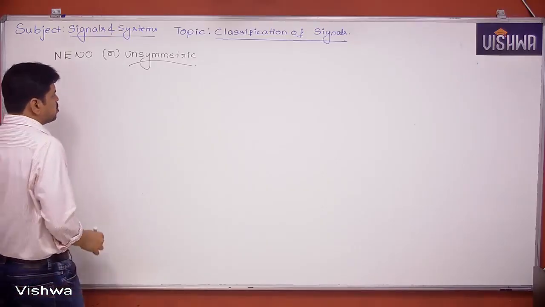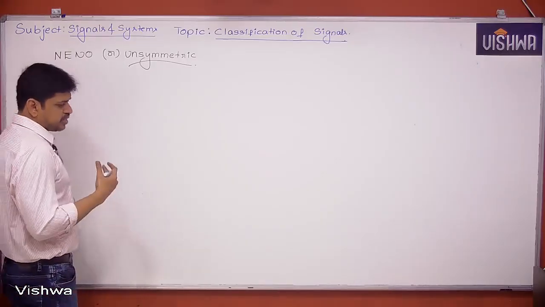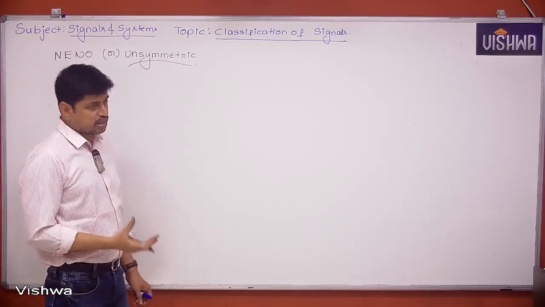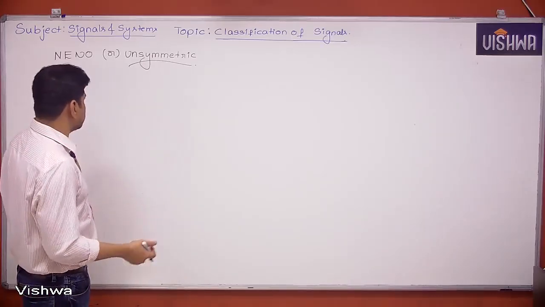Okay. Suppose it is not satisfying whether it is an even or odd signal, then the signal is called neither even nor odd signal.